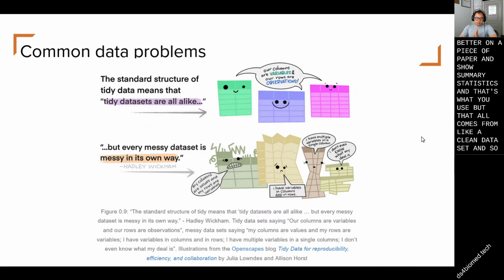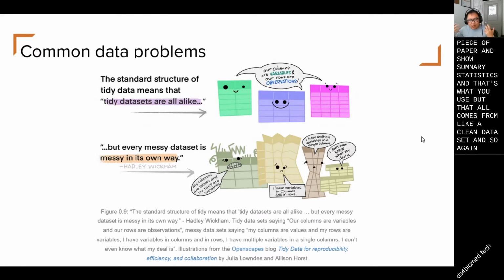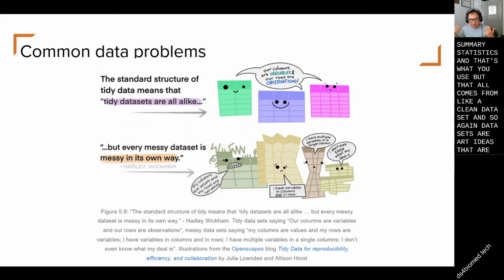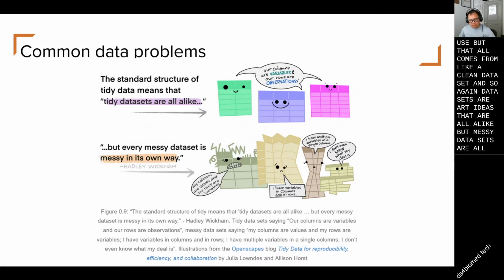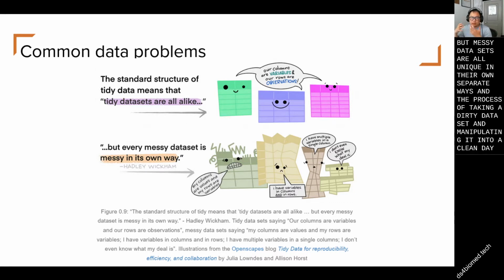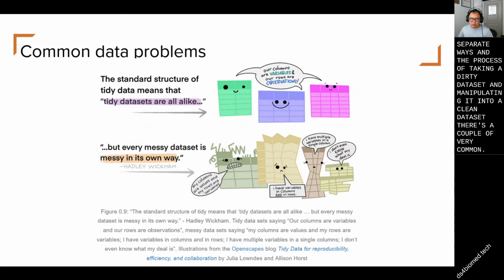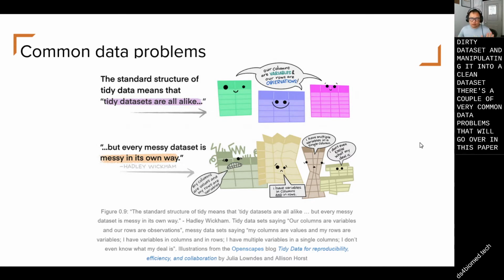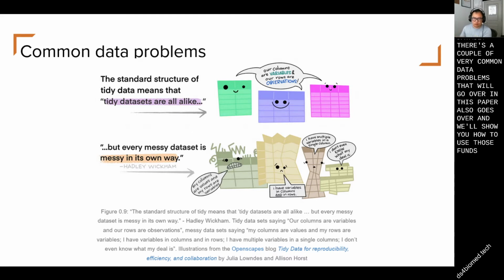And so again, tidy data sets are all alike, but messy data sets are all unique in their own separate ways. And the process of taking a dirty data set and manipulating it into a clean data set, there's a couple of very common data problems that we'll go over, and this paper also goes over, and we'll show you how to use those fundamental tools to transform your data.